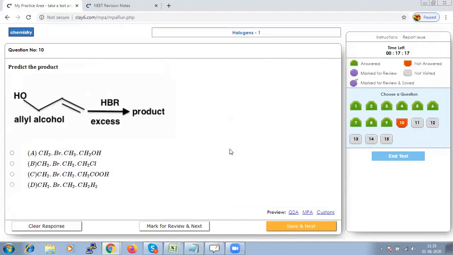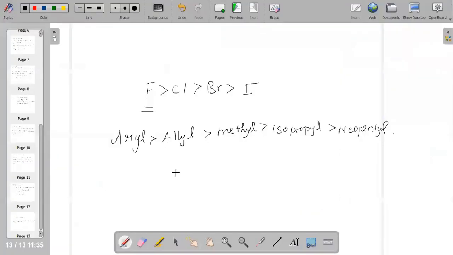We have to predict the product being produced when allyl alcohol is reacting in presence of excess HBr. As I told you, by Zaitsev's rule, addition of HBr to the alcohol will give you two products, that is 3-bromo-1-propanol and 2-bromo-1-propanol.